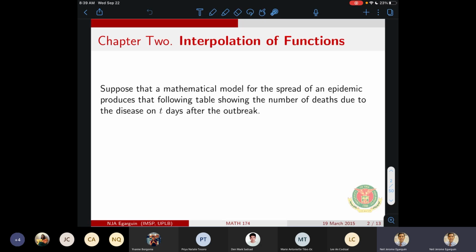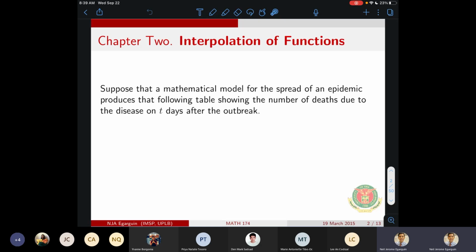However, the disconnect is in the real world, we don't get functions right away because data are usually represented in terms of discrete set of points. So kapag halimbawa, merong isang epidemic that broke in a certain region, then hindi natin makukuha yung epidemic curve, meaning we don't get a continuous function of time to model, say, the number of deaths associated to the disease, right?